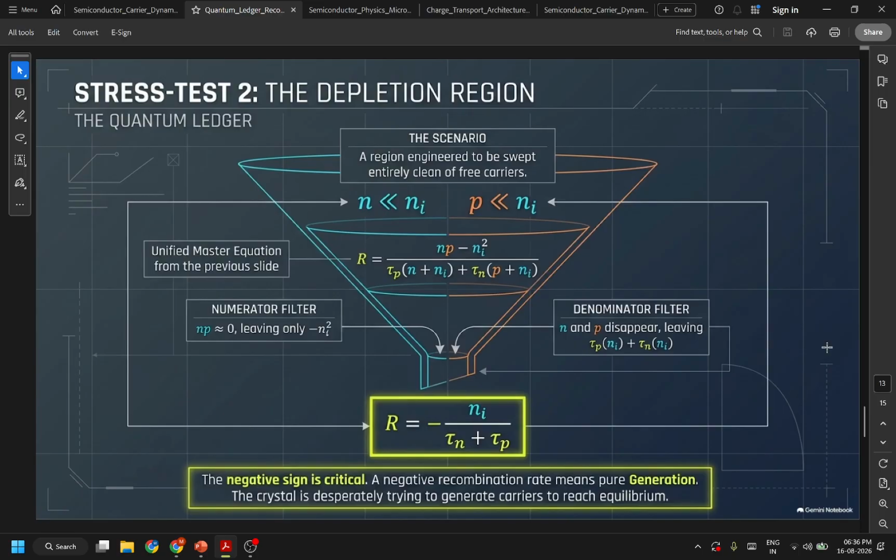Again in the denominator, n and p both will be lost and only ni will remain. So the recombination will become minus ni by (tau n plus tau p). The negative sign here is critical. A negative recombination rate means pure generation. Since we have made it completely void of free carriers, the crystal is desperately trying to generate carriers to reach equilibrium.